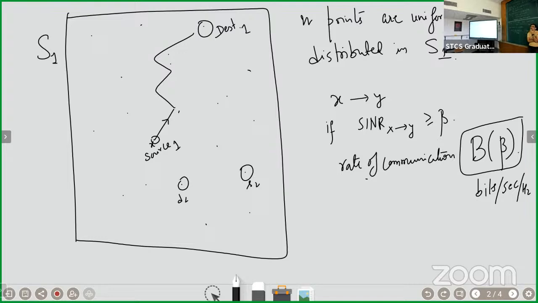See, this is not Gilbert's model. But it's telling you something. How much area was precluded in the protocol model? If Xi and Xj are transmitting, it tells you exactly: the circle with radius 1 plus delta times the distance between Xi and Xj.